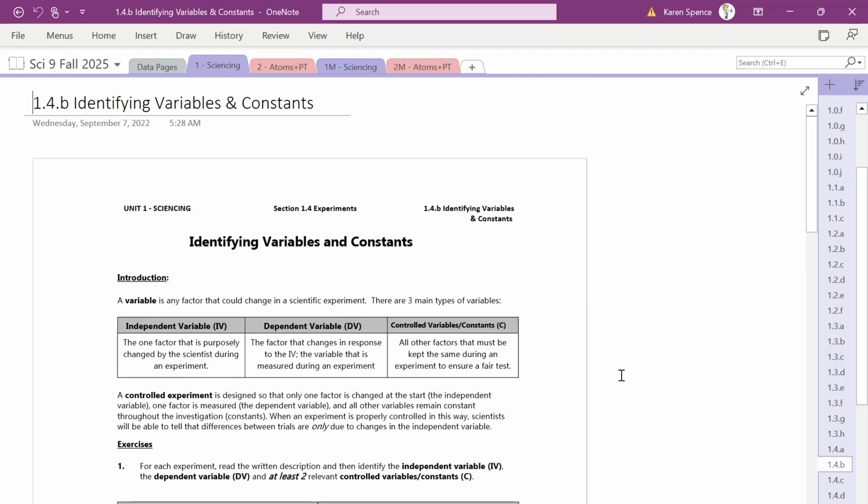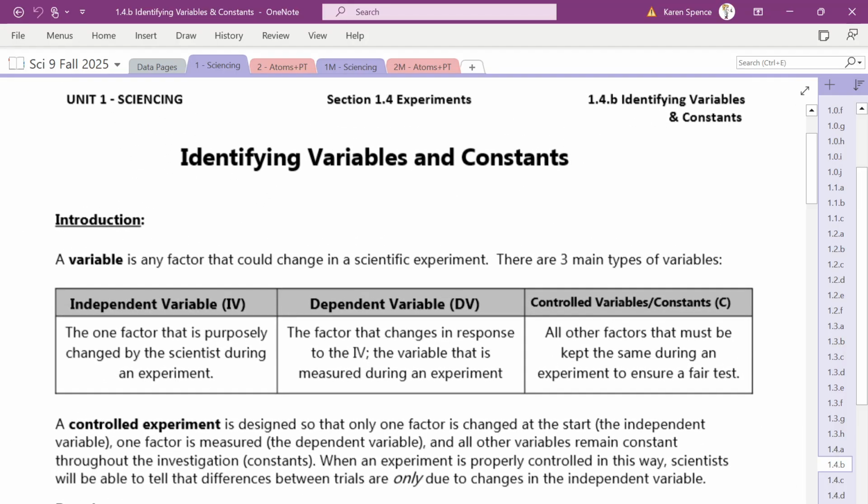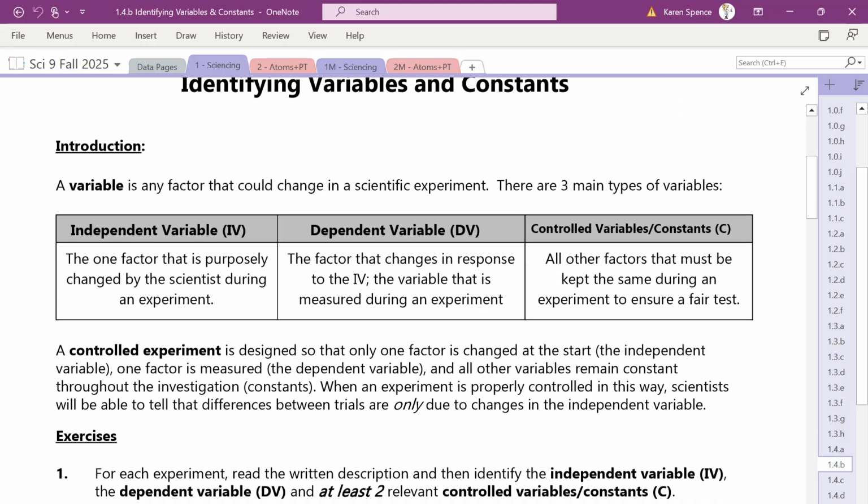Okay. So this one here is practice identifying variables and constants, because again, independent variable, dependent variable, controlled variable, those are things you might need to know for tomorrow's quiz. So, an independent variable is the factor changed by the scientist.